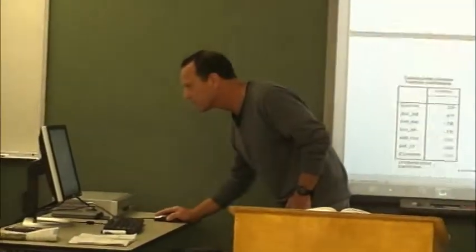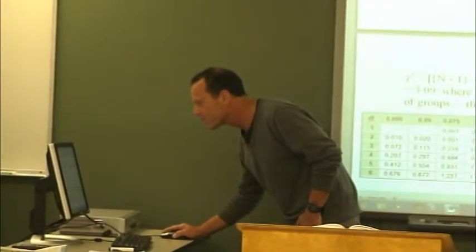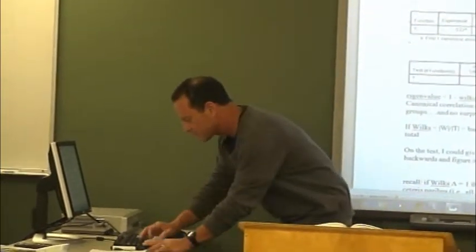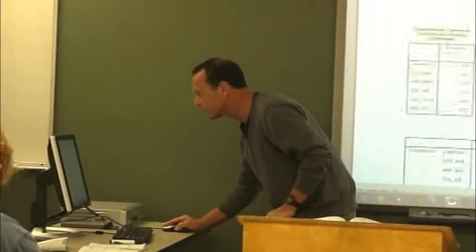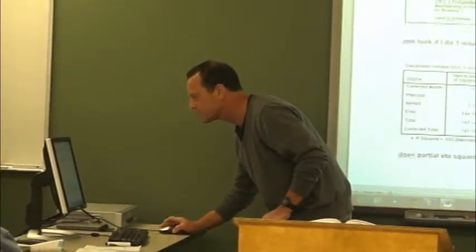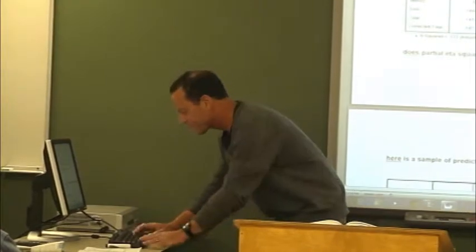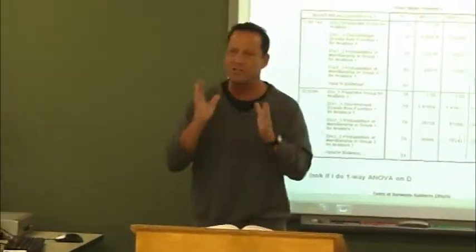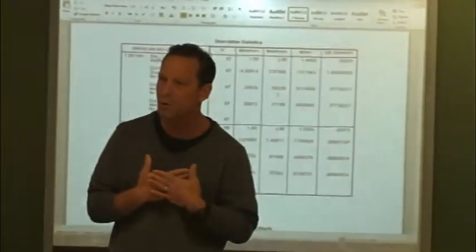What are you doing in ANOVA with the difference between the predictors? Hang on for 1 second. Not the predictors, no. Let me just add this really quick right here. What you're doing is, for each individual, they have their own scores on these variables.